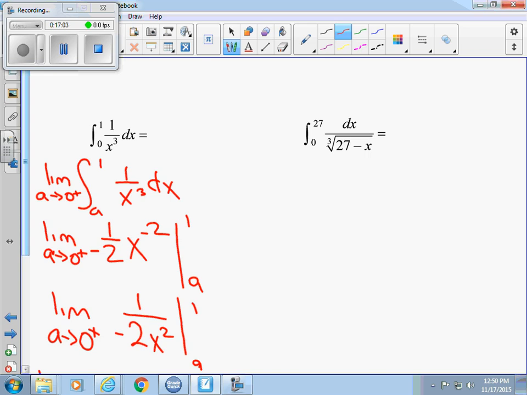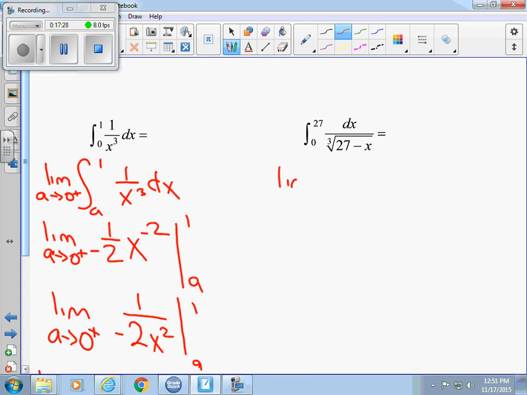Where is my problem? At 27. It's not at 0, right? It's at 27. Why is it at 27? Cube root of 0 is 0. It's on the bottom. That's a problem. So we've got to mark that 27.